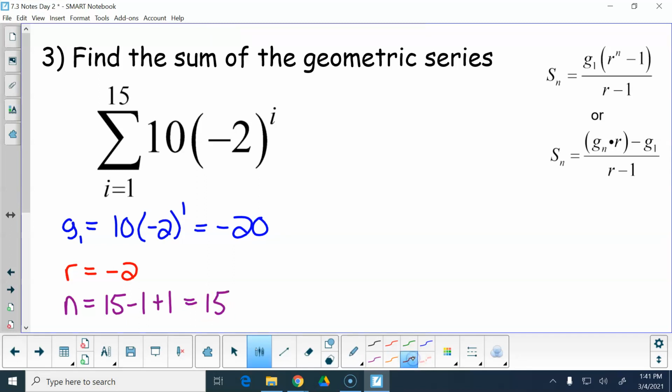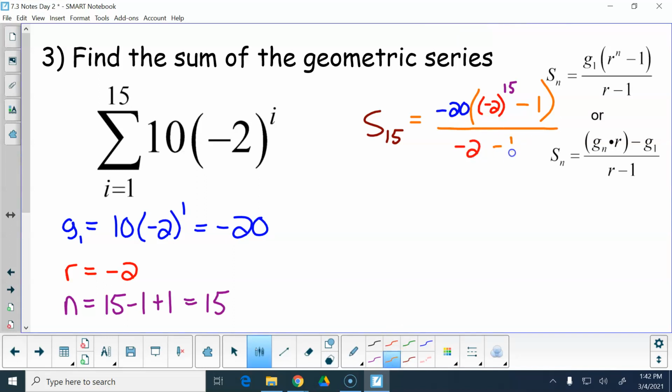So the sum of the first 15 terms is going to equal my first term, negative 20, times my R value, negative 2, to the 15th power, minus 1, and then negative 2 minus 1 on the bottom.